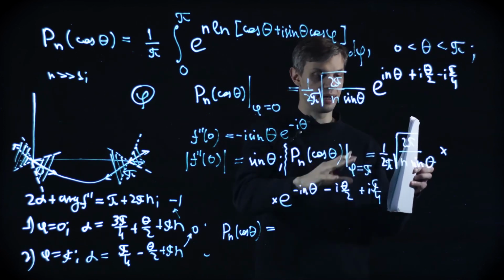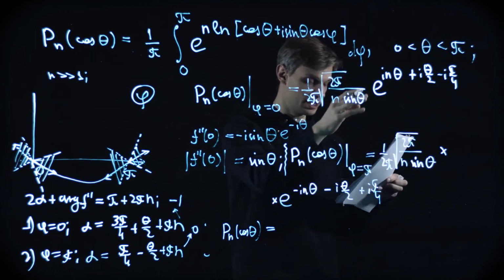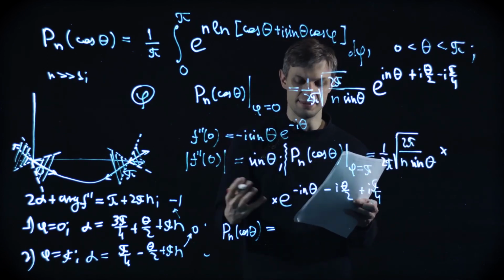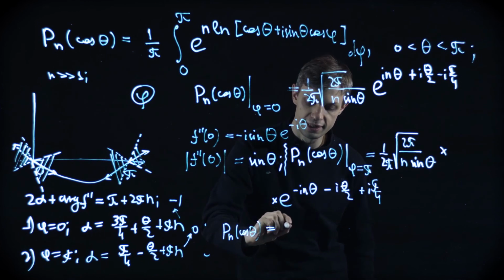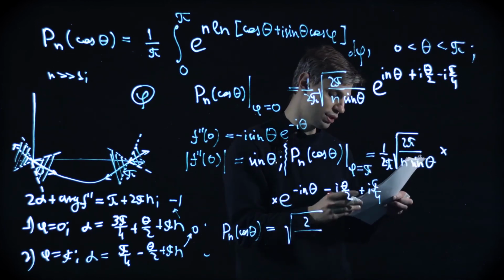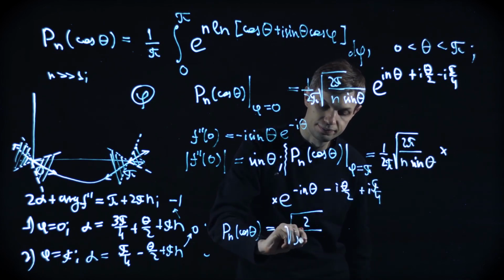And now, let me actually write down the answer. When you combine these two contributions, you can change cosine to sine with simple trigonometric formulas. And in the end, we get a standard expression, which you can look up on Wikipedia, for example.